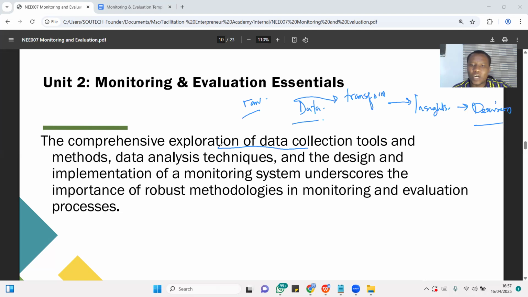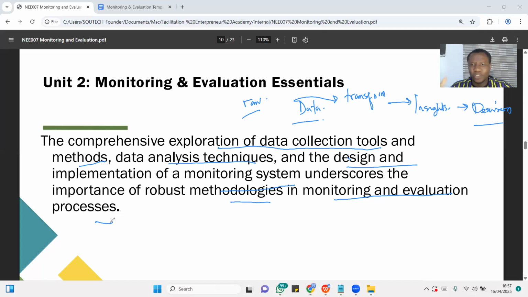Right? So at this point, exploration of data collection tools, methods, data analysis techniques, design and implementation of monitoring systems underscores the importance of robust methodologies in monitoring and evaluation processes. So you cannot say you want to do monitoring and evaluation without having a way to collect data.